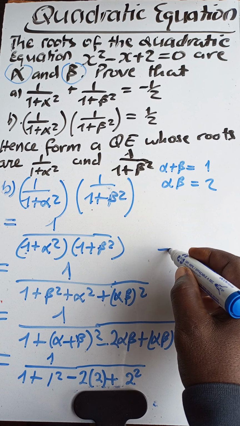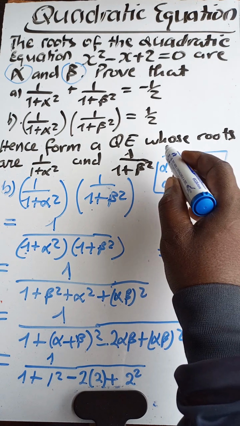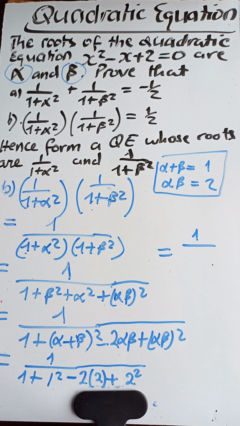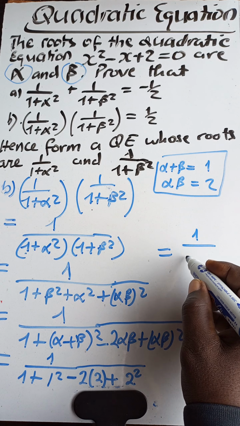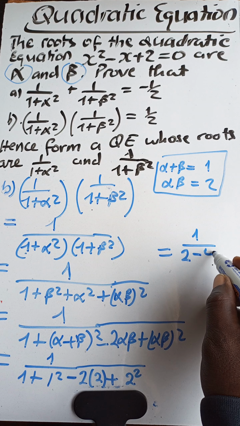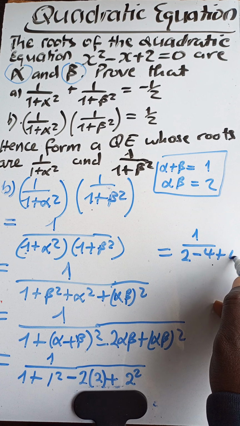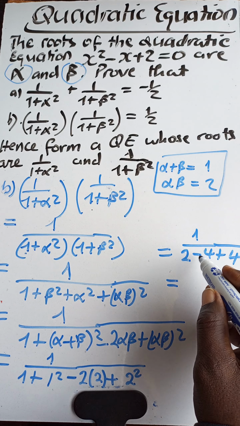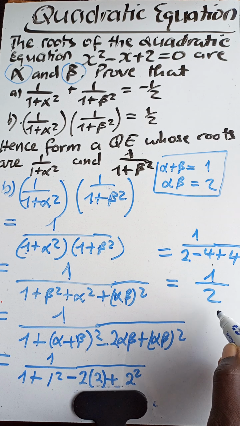Okay, so that will give us 1 all over 1 plus 1. We have 2 minus 4 plus 4. Okay, that will give us 1 all over 2.